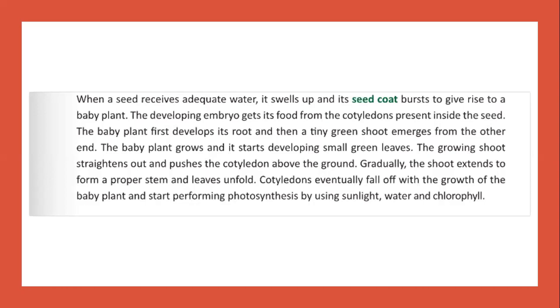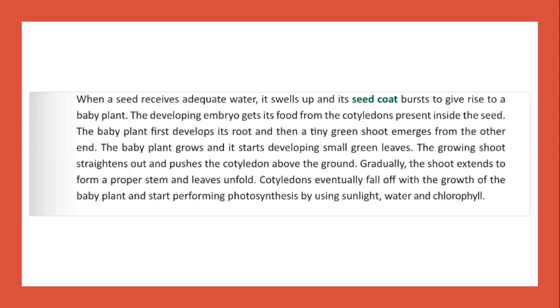The developing embryo gets its food from the cotyledons present inside the seed. The baby plant first develops its root, and then a tiny green shoot emerges from the other end. The baby plant grows and it starts developing the small green leaves. The growing shoot straightens up and pushes the cotyledon above the ground.